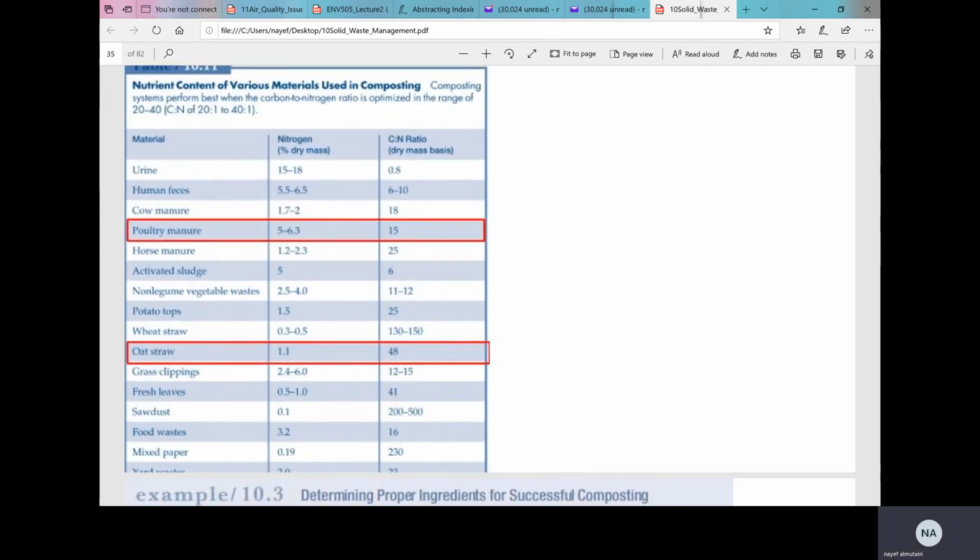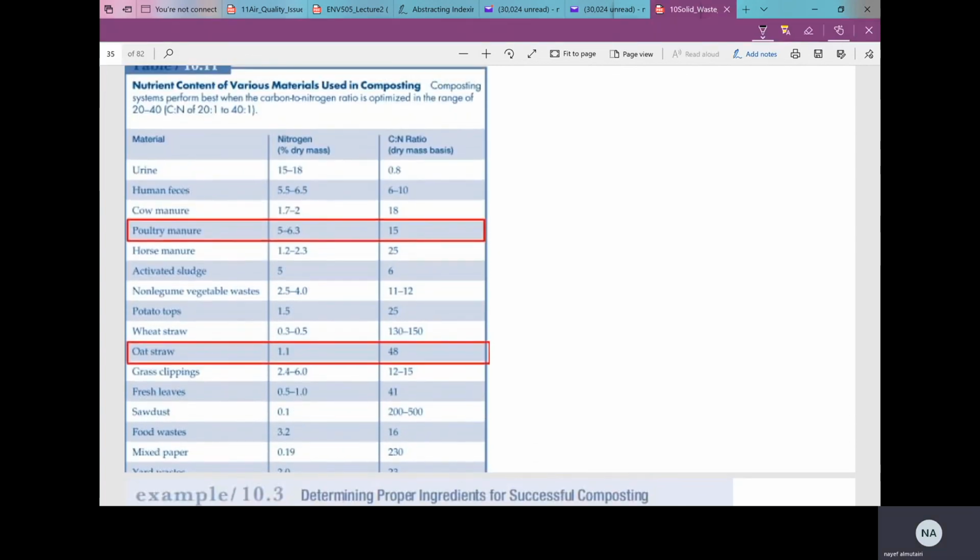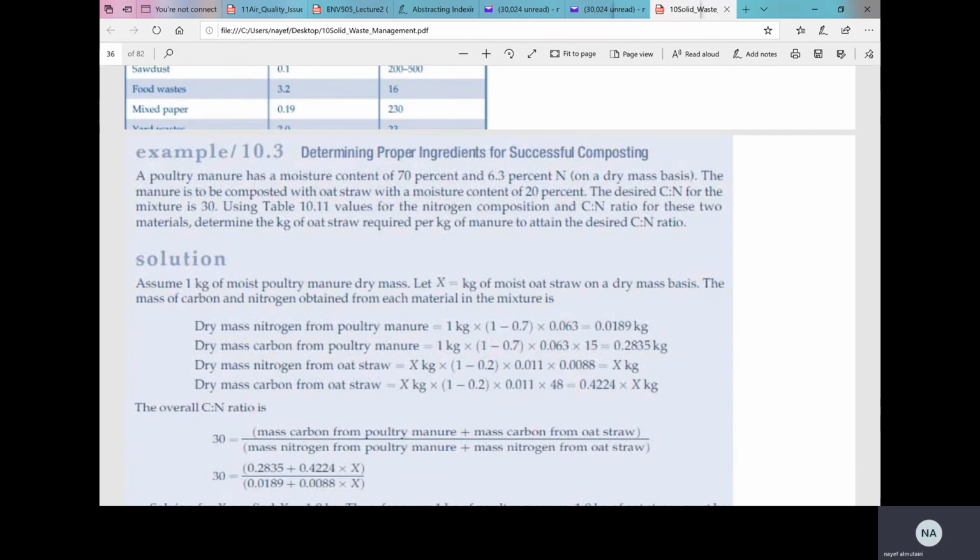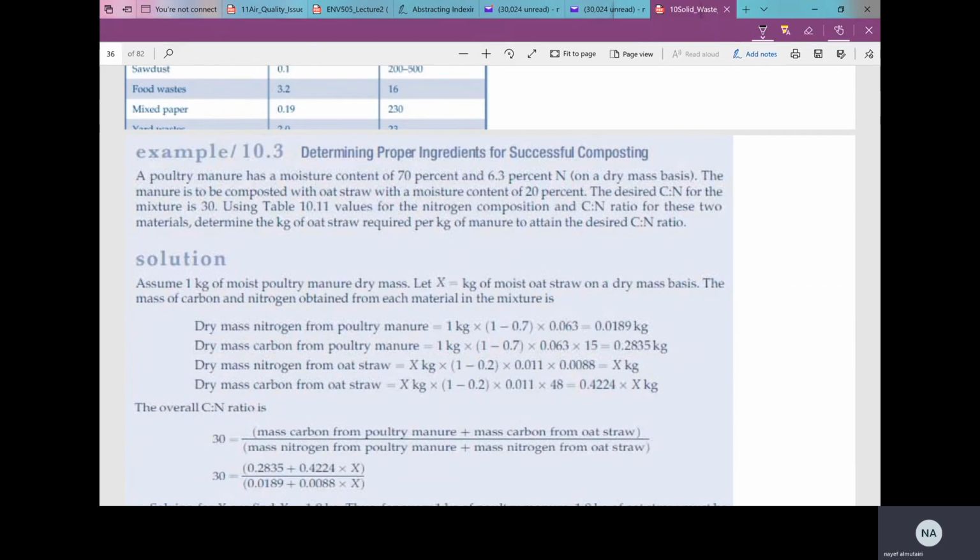And this. Now, let's say we have activated sludge, where the nitrogen percent by dry mass is 5%, and C over N is 6. This example is very important. Again, remember in your notes, this is not times, this is equal here.